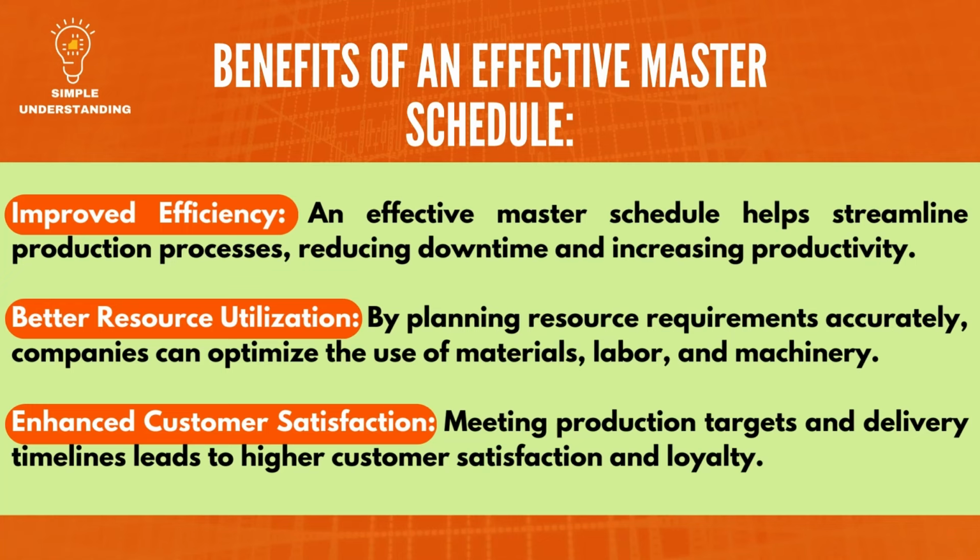An effective master schedule helps streamline production processes, reducing downtime and increasing productivity. B. Better resource utilization. By planning resource requirements accurately, companies can optimize the use of materials, labor, and machinery. C. Enhanced customer satisfaction. Meeting production targets and delivery timelines leads to higher customer satisfaction and loyalty.